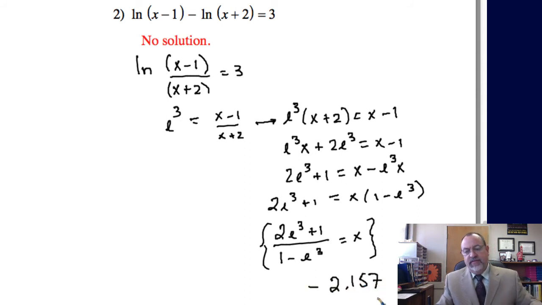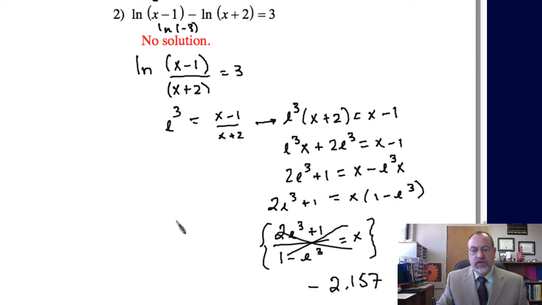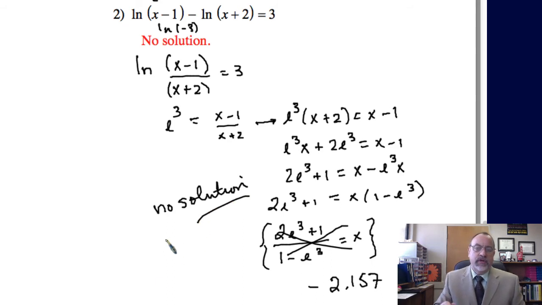So now it's a negative number. If I put that negative 2 in here, minus 1, this is going to be the natural log of negative 3, which again is an impossibility. So this is a no solution problem, because the solution I get algebraically does not make the original equation true.